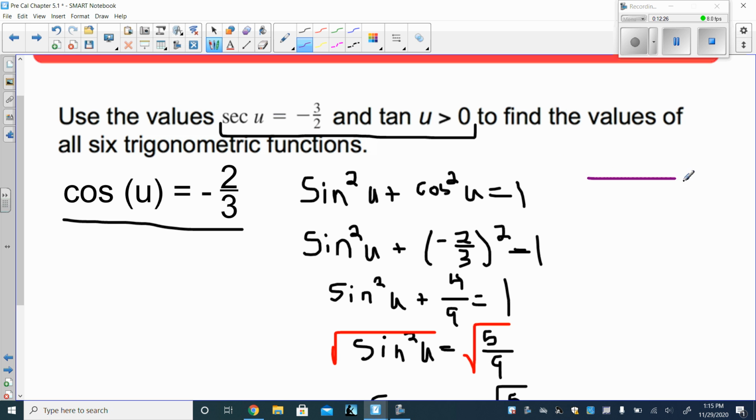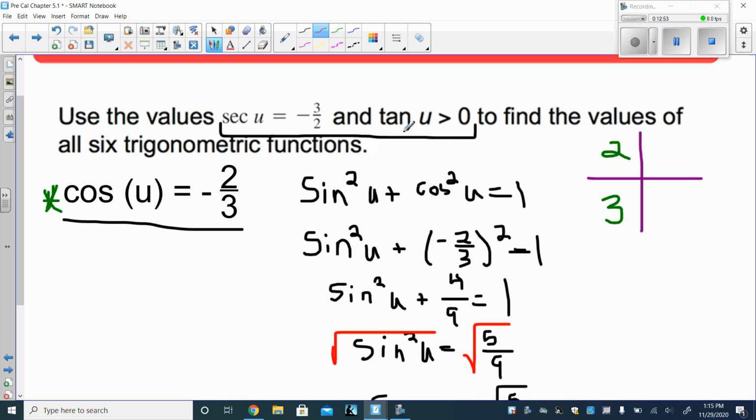So I'm going to draw a little quadrant over here. Now, looking at this here, the fact that cosine is negative, well, there's two spots. Because if cosine is negative, we're either in the second or third quadrant, because those are the only two places where cosine is negative.